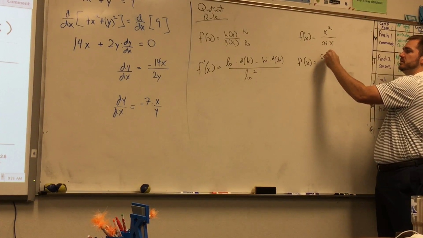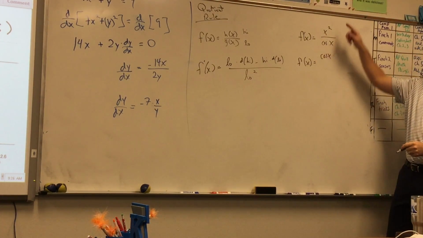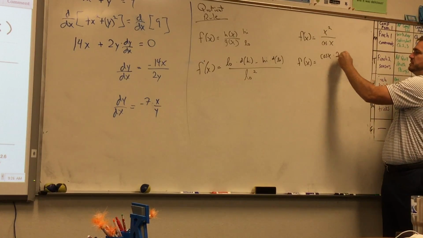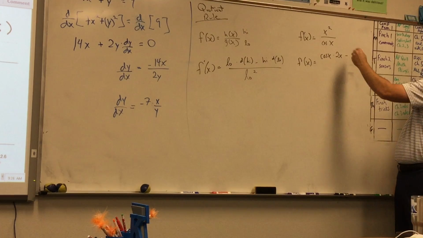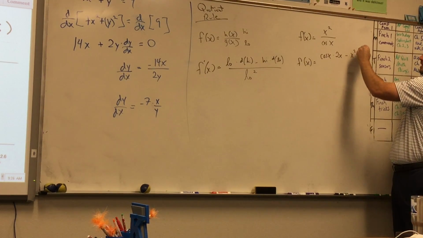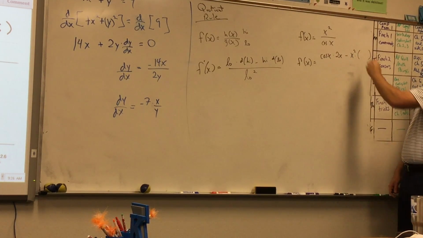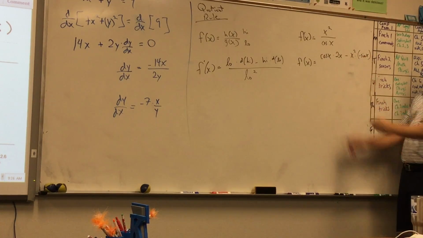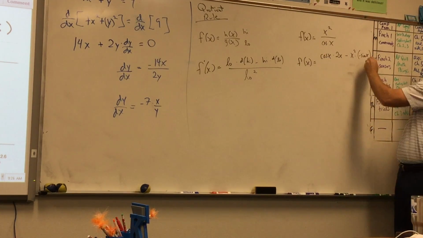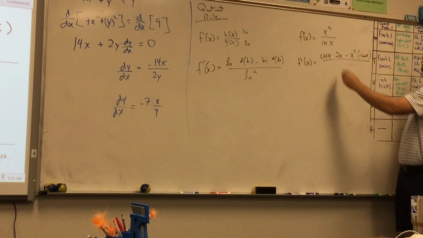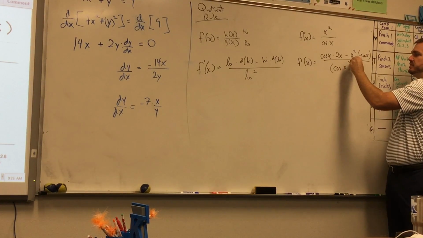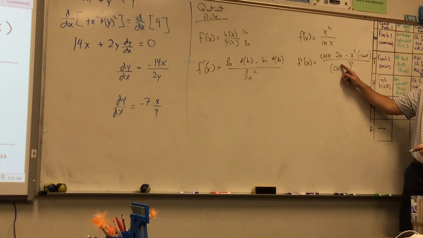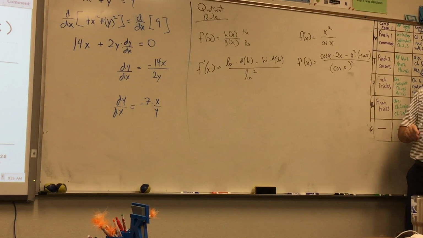So it's low times d high, so 2x, minus high times d low, x squared times negative sine x, because the derivative of cosine is negative sine, over cosine of x squared. You can put that in parentheses, or put the squared between the cosine and the x. Over low squared we go.